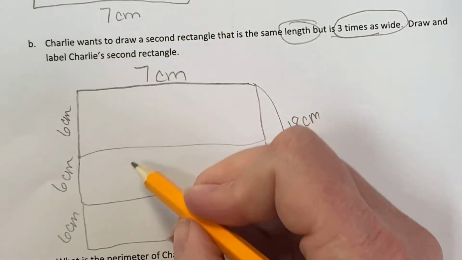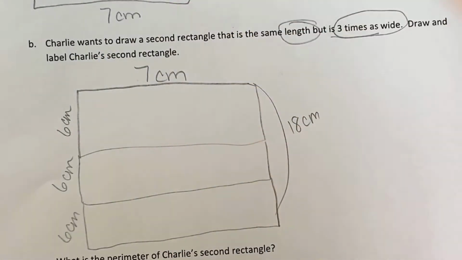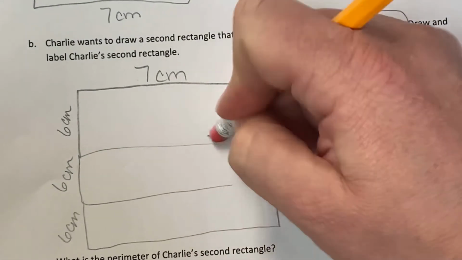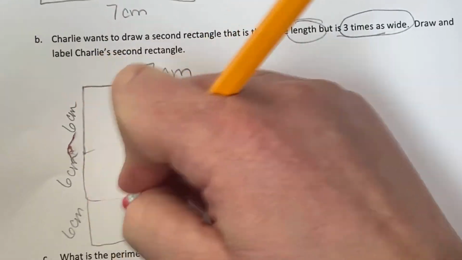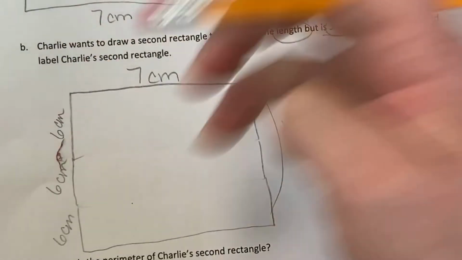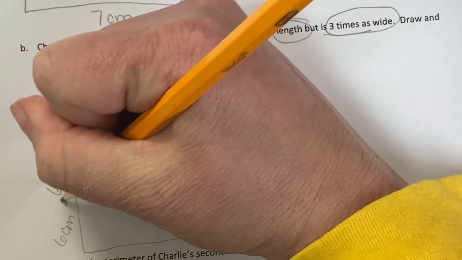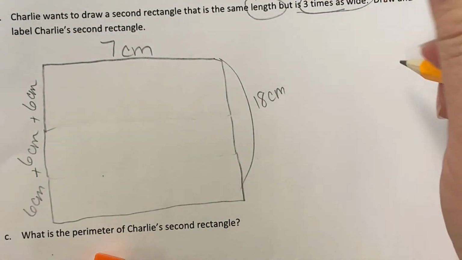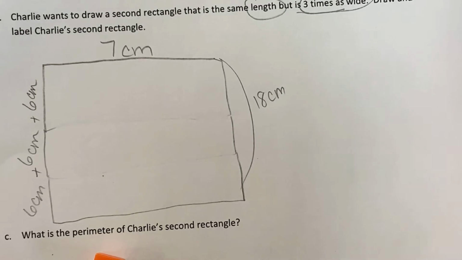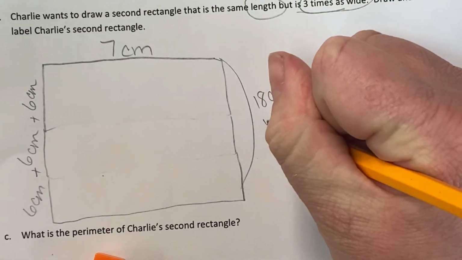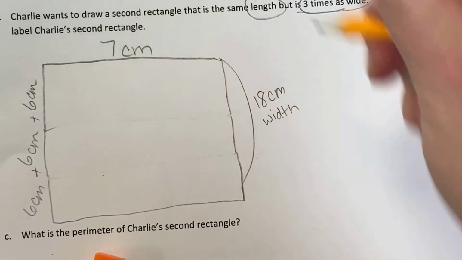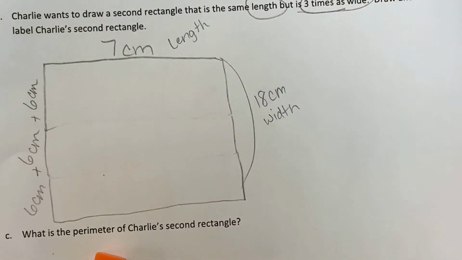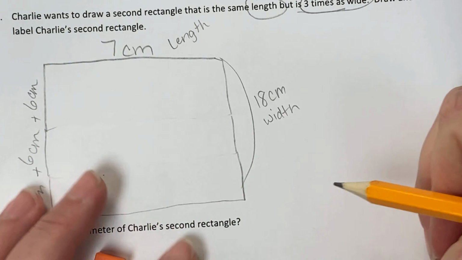So I draw and label it. On this side, if I added those 3 6s together, it would be 18 centimeters. So I did that. This is my width, and this is my length. Well, that's all I had to do on that one.